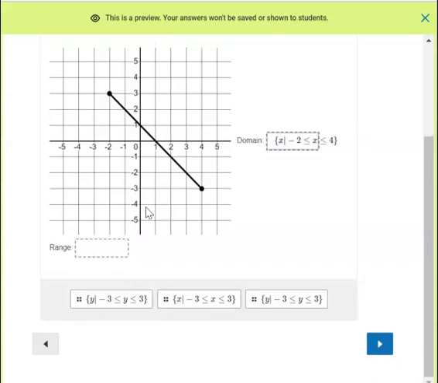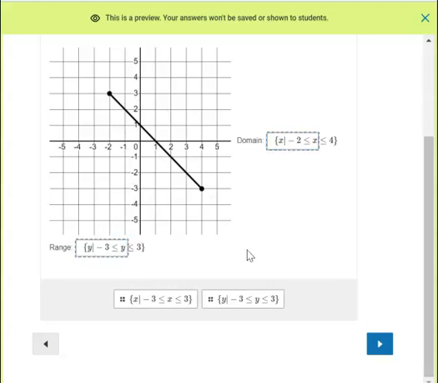And then for the range, we have negative 3 until 3. Well, I have two of the same answers, but I mean, it's negative 3 until 3. Yep, this one or this one. Both of them should work.